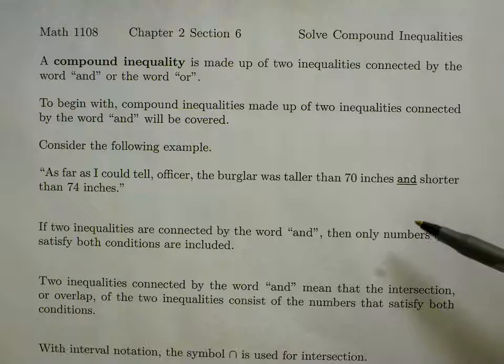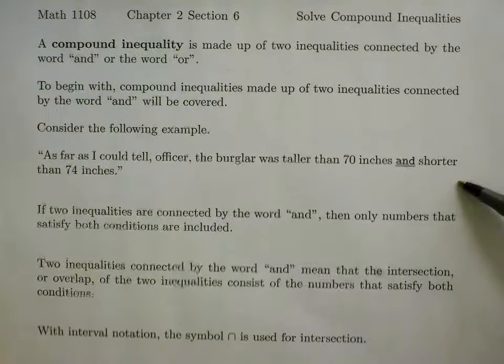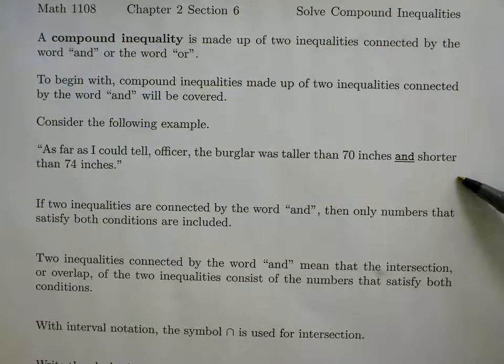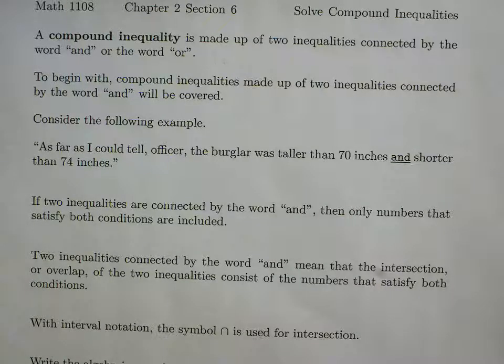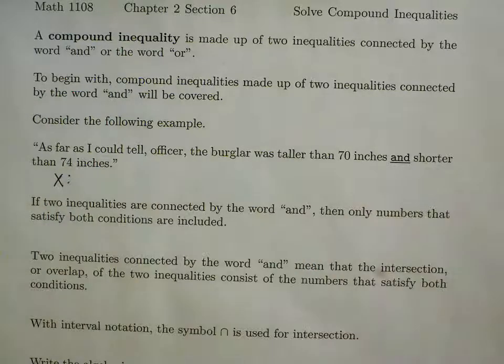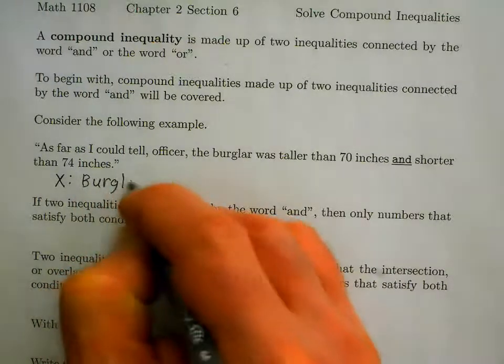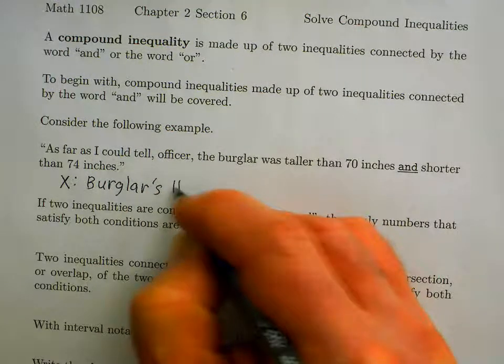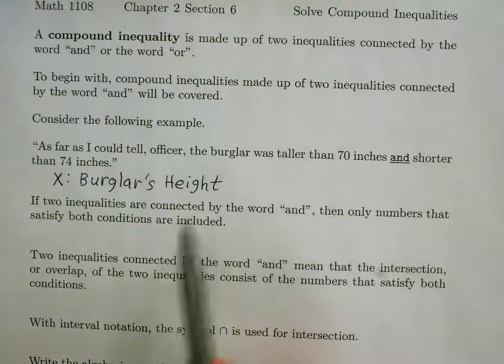So consider the following example. As far as I could tell, officer, the burglar was taller than 70 inches and shorter than 74 inches. If we want x to represent the burglar's height, then we can write a compound inequality.